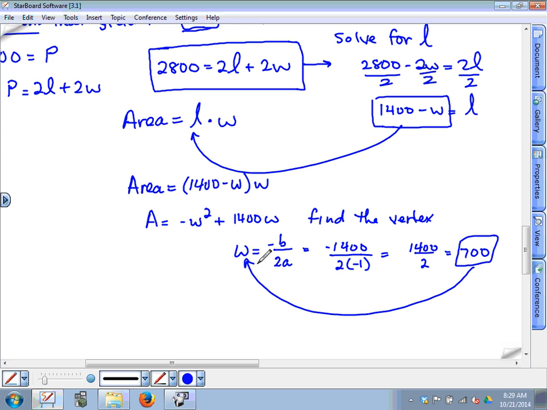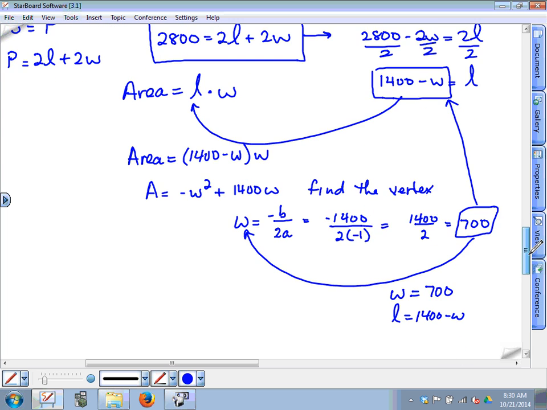Okay. So now you put that 700 into, not the original. Again, the question is only asking what are the dimensions. We found the width, so what's missing? The length. How do we find the length? Right here. The length is equal to 1400 minus W. If we know W now to be 700, so the width equals 700, and the length is equal to 1400 minus the width.